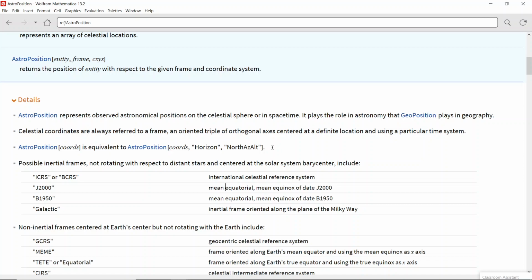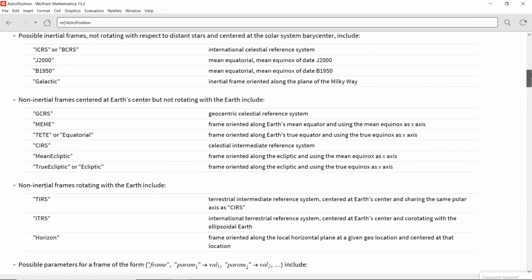Possible inertial frames not rotating with respect to distant stars and centered at the solar system barycenter include ICRS or BCRS, International Celestial Reference System; J2000, mean equatorial mean equinox of date J2000; B1950, mean equatorial mean equinox of date B1950; Galactic, inertial frame oriented with the plane of the Milky Way.